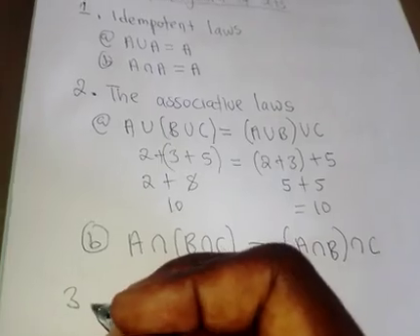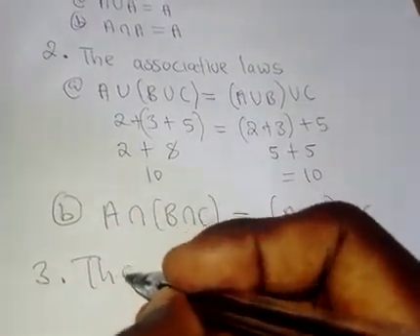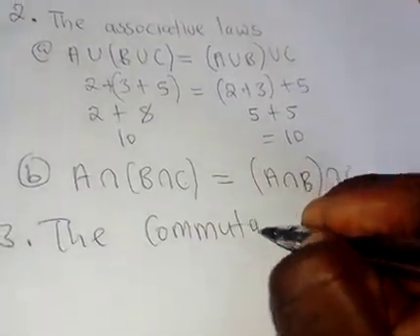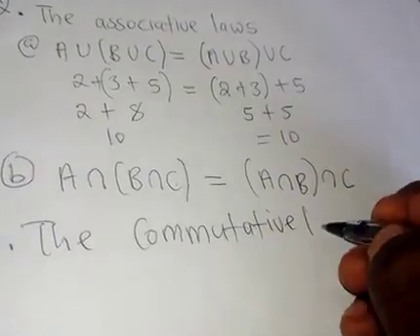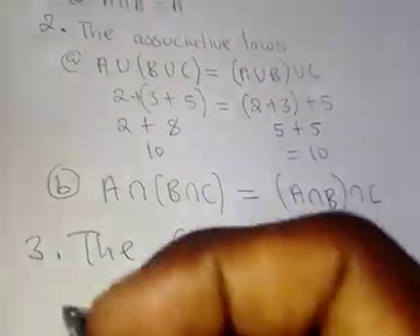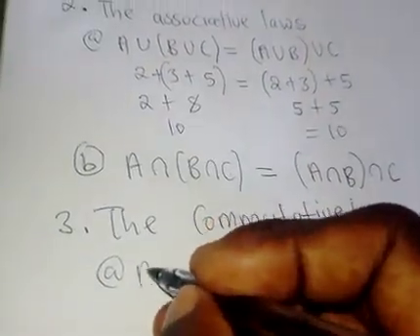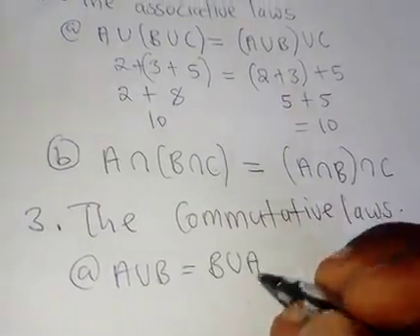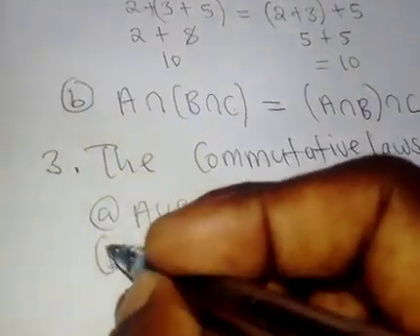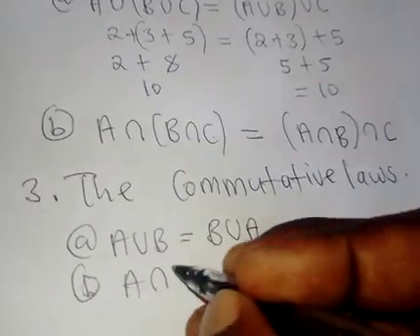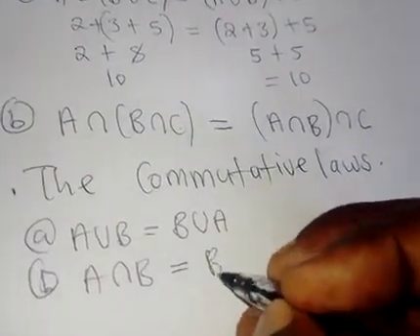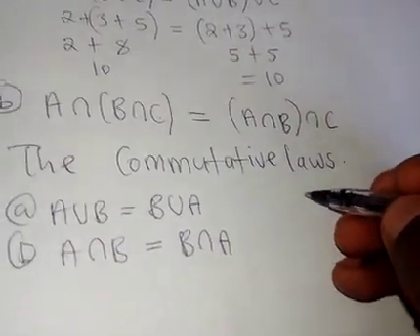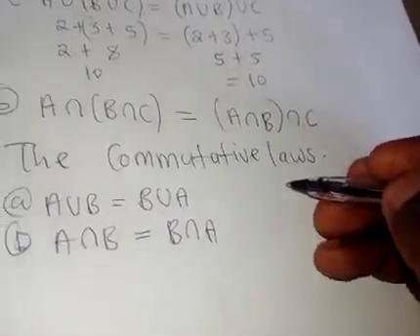Then number 3, we have the commutative laws. For the commutative laws, if you have A union B, this is just the same as B union A. Then if you have A intersect B, this is simply B intersect A. Remember, addition and multiplication of numbers are commutative.